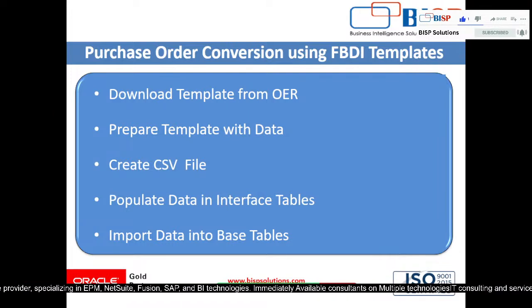And later on we will submit and import this file into our application, so that we can populate our data into the interface table, and at the end we have to import this interface table into the base table in our application.